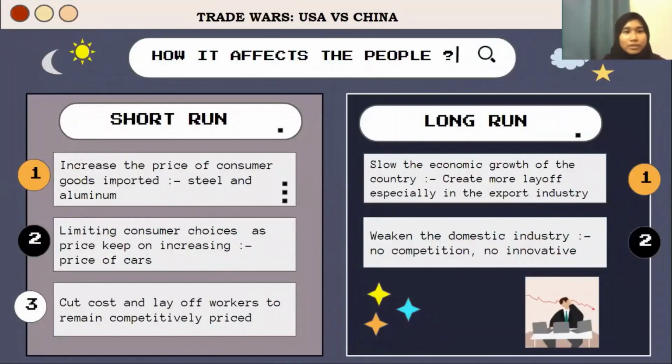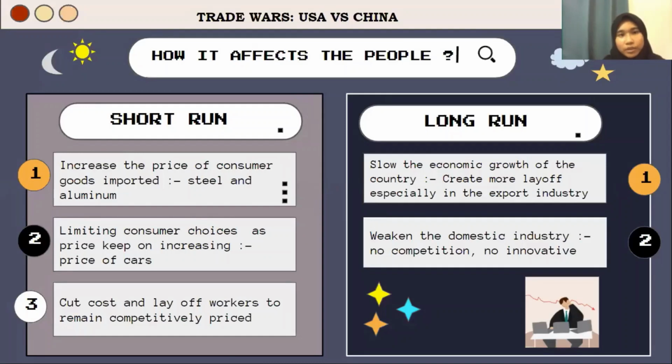So how does this trade war affect the people? In the short run, it will increase the price of consumer goods imports, such as in America, the price of steel and aluminum will increase because they import it from China. Next, in the short run, it will limit consumer choices as prices keep on increasing.